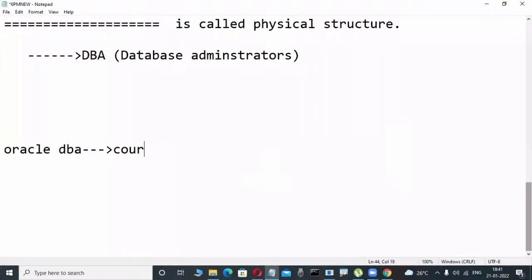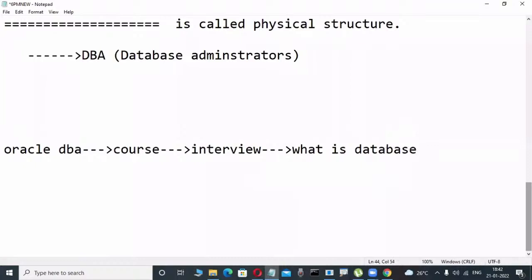Whenever I'm applying for an Oracle DBA job, I'm attending an interview. My interviewer asks, Murali, what is a database?